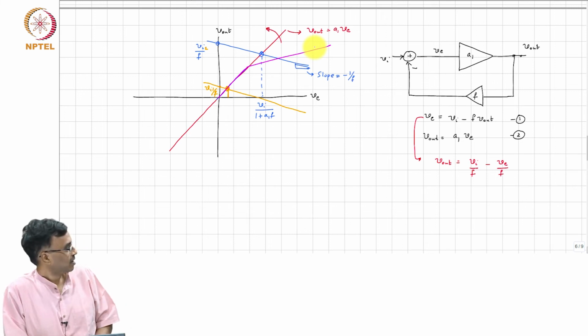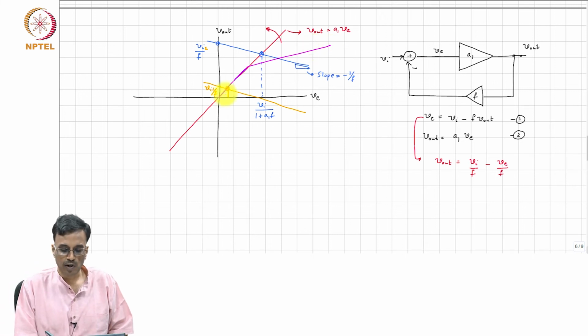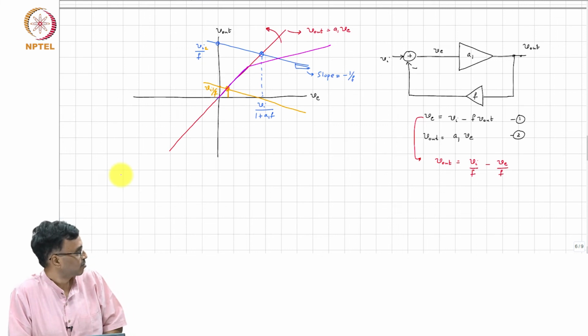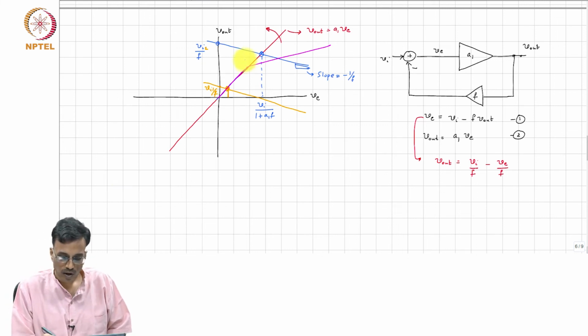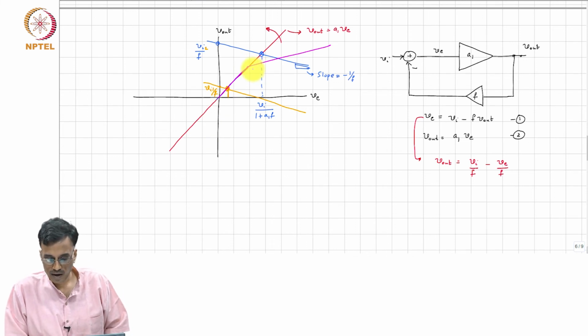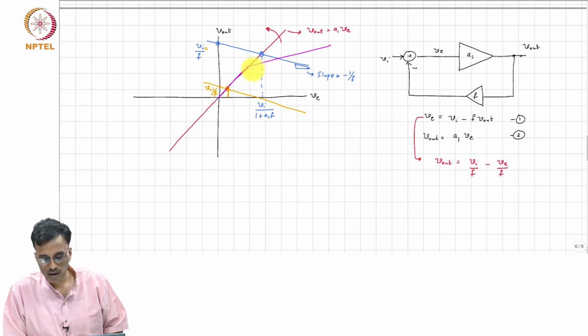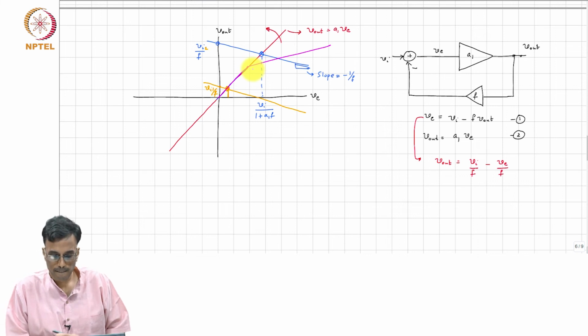In reality, of course, the compression will be a lot smoother, but this is good enough to illustrate the point. As you keep increasing Vi and you plot the error voltage, what comment can you make about it?